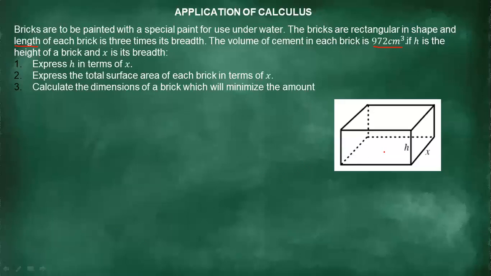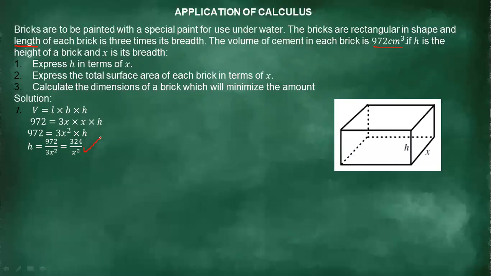Then it's going to lead us to be able to answer the question. And then it says express h, which is the height, in terms of x. Then you start writing the volume, like I've said, and then you substitute all what you have, and from there you make h the subject of the formula, and then it's going to give us what? 324 over x squared. This is the height that we are looking for.